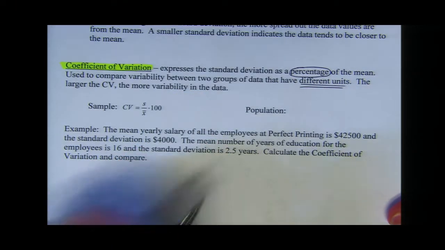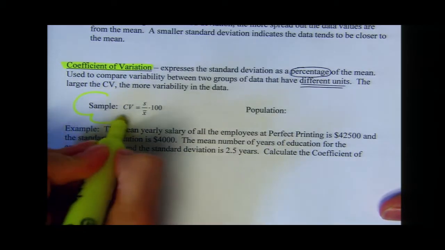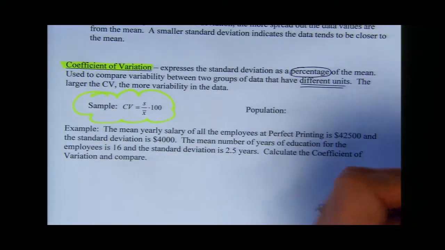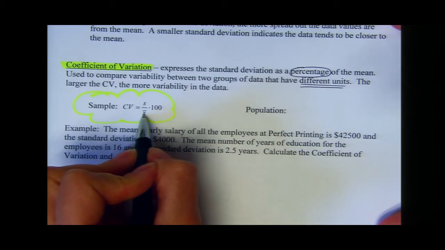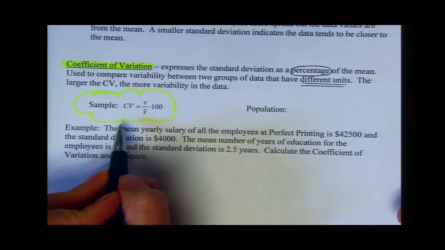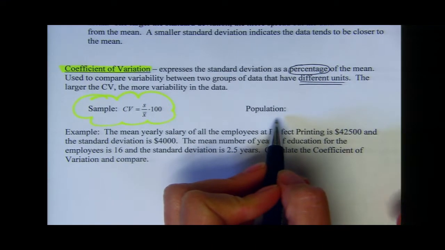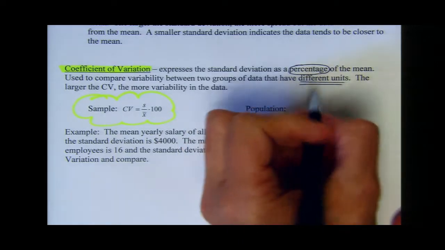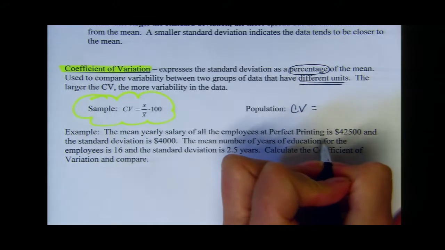So here are the formulas that you need to know, and it's basically standard deviation divided by mean times 100. Now, we will always do it based on a sample, but if for some reason someone was calculating the coefficient of variation on a population, it is still standard deviation.